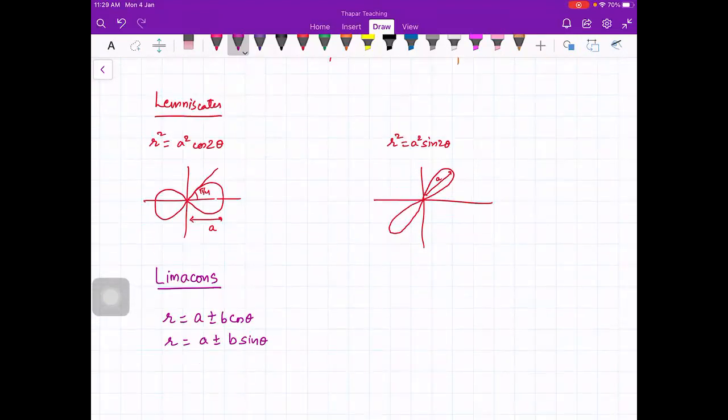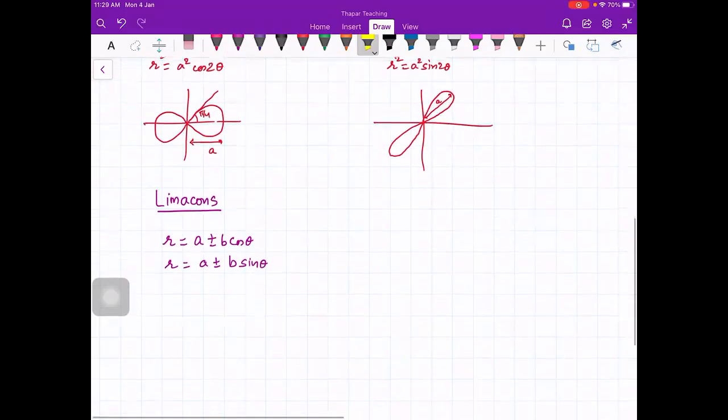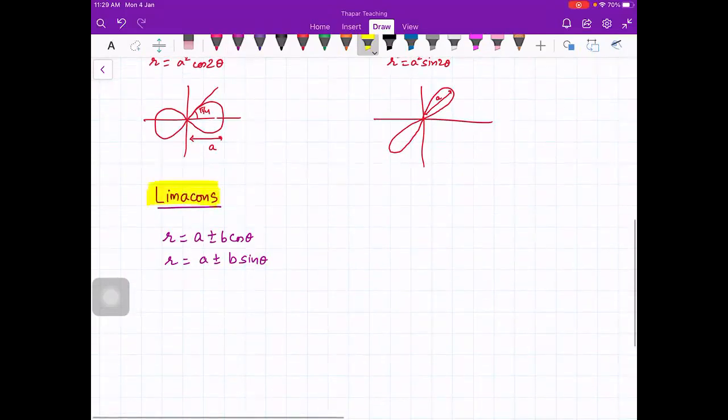Lemniscate, I don't know the literal meaning, but you can check on Google why these curves are called lemniscates. And limaçons is a name for snails. So if you plot these curves, they will look like snails. That is why they are called limaçons.